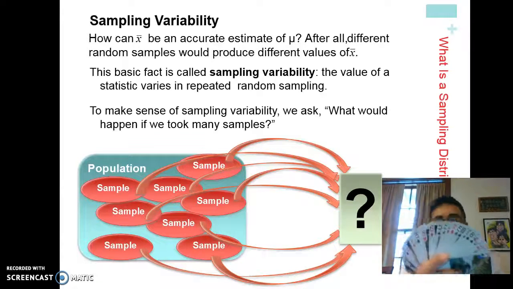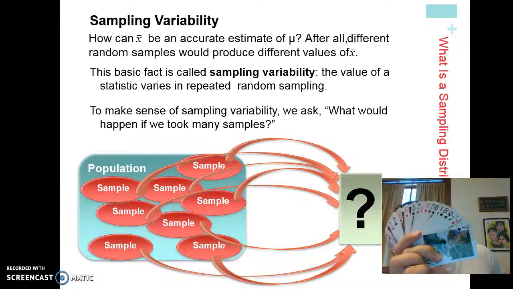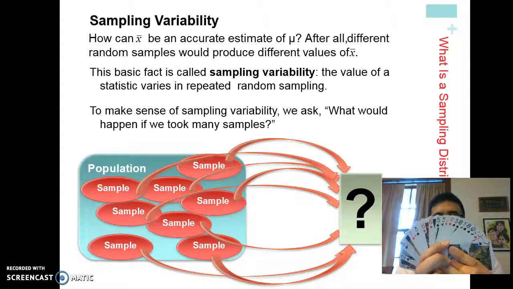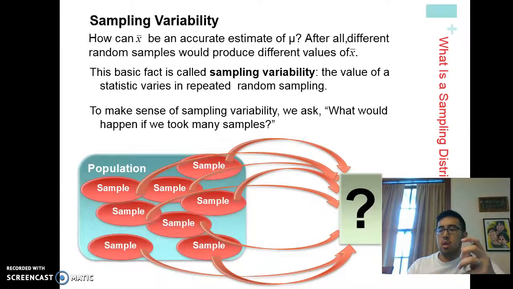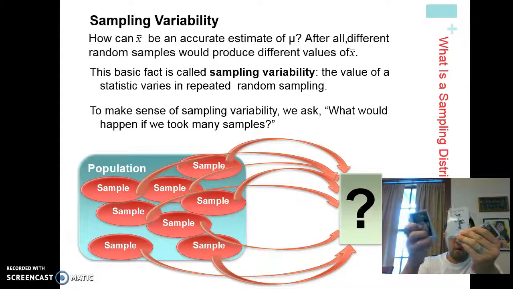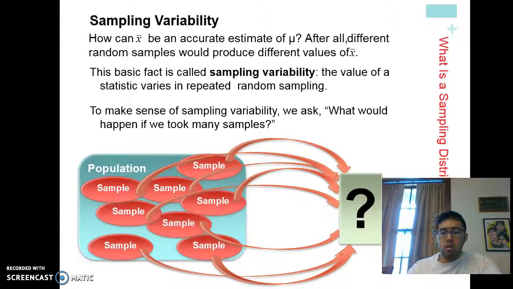Alright, now in this case I have 13 black cards and 7 red cards. These 3 are 3 separate samples of the population of cards, right? And there's going to be variability.